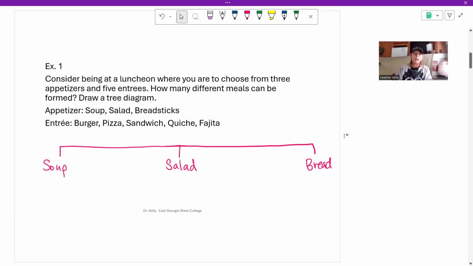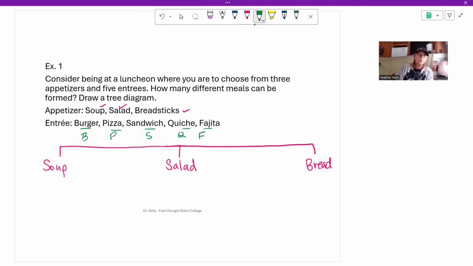And you see I have soup, salad, and breadsticks. Those are our 3 appetizers here. Soup, salad, and breadsticks. And I've written them here. And now what we need to do is for each appetizer, we could have a burger, a pizza, a sandwich, a quiche, or a fajita. I'm going to use a B, a P, an S, a Q, and an F here.